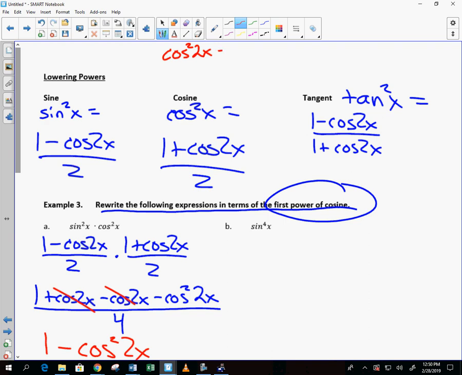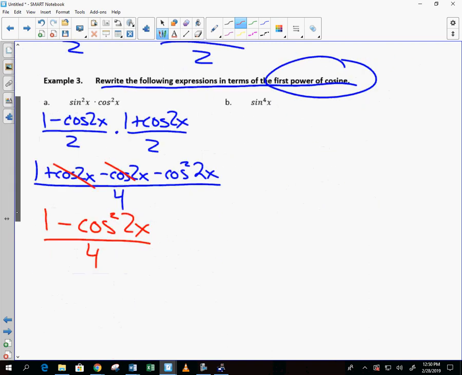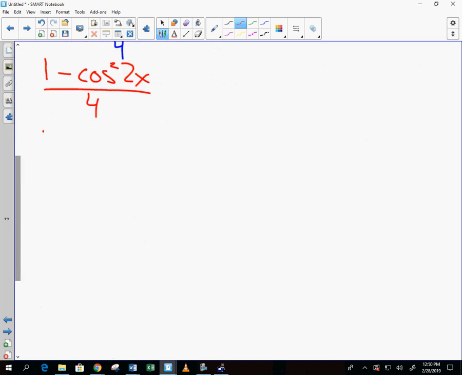So all of a sudden, I have (1 plus cosine of 4x) over 2. So cosine squared of 2x is just (1 plus cosine of 4x) over 2. So now I have a new formula I can use. Well, let's use that guy. I've got (1 minus (1 plus cosine of 4x) over 2) all over 4.